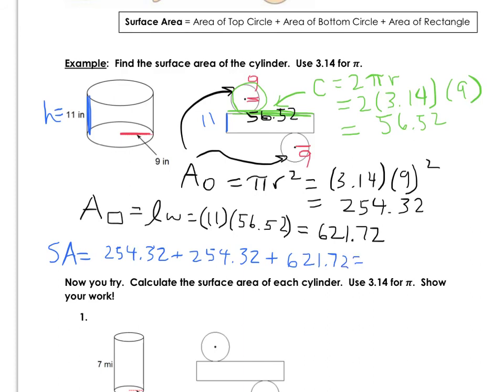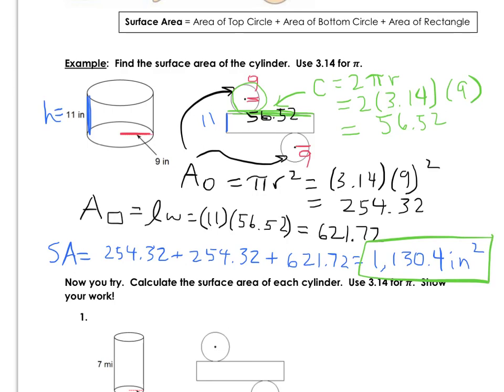Add those up, and you'll get the surface area is 1,130.4. I don't want to forget to include units here. Remember that area is always going to be units squared. And here, since all I'm doing is adding up all of the areas, my units will be inches squared. So again, my final answer here is 1,130.4 inches squared.